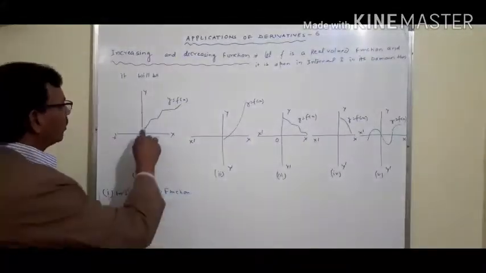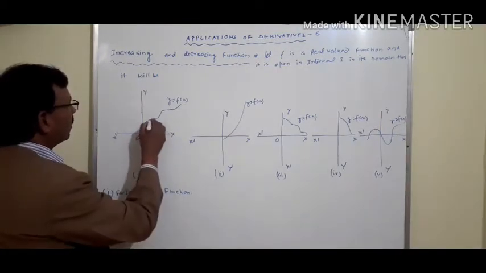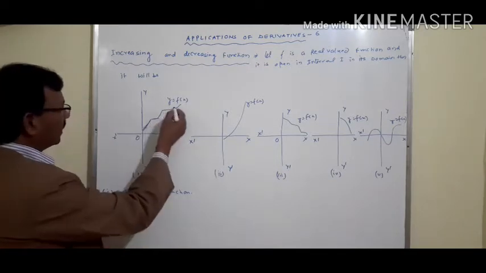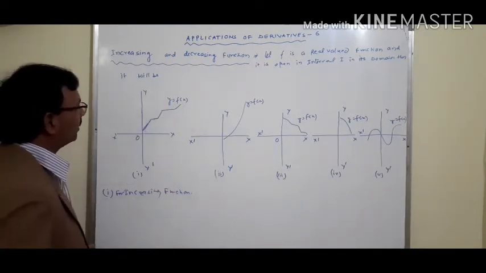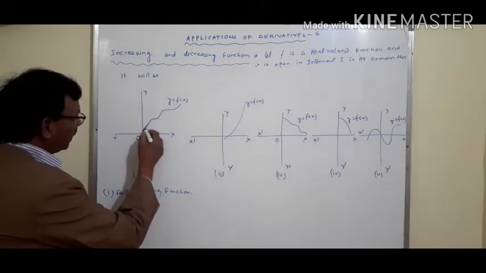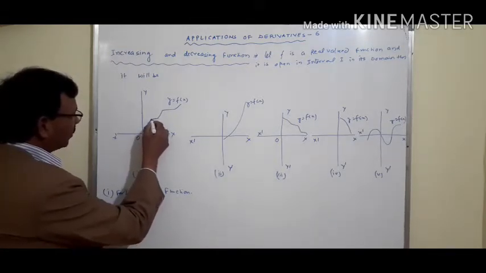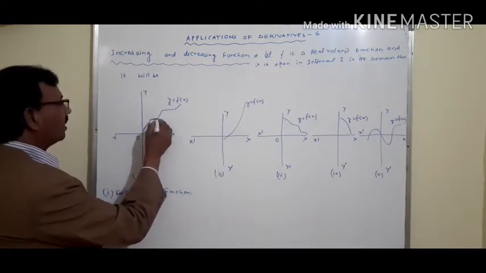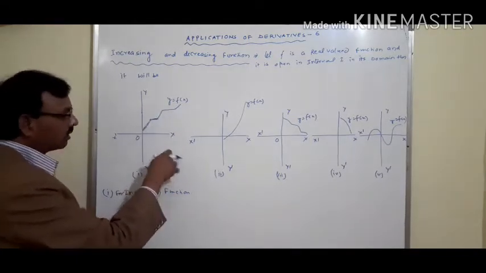But there is no need to be strict. This is not equal. That means you can see here in this y equal to f of x is a function. The function increases from here and goes to this point. Then this is constant, not increase, but no decrease.